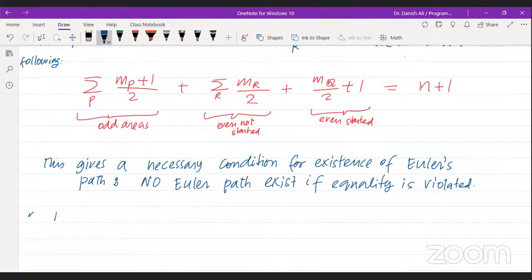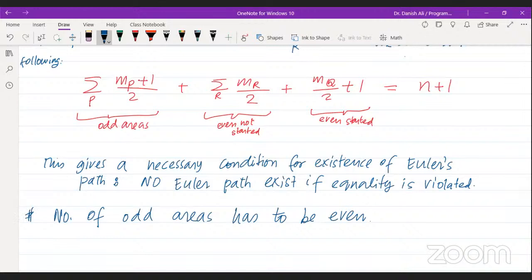First thing, the number of odd areas has to be even. The first thing is that the number of odd areas must be even. Why? This is just a general thing, because summing up the number of bridges connected to all areas counts every bridge in the system twice.